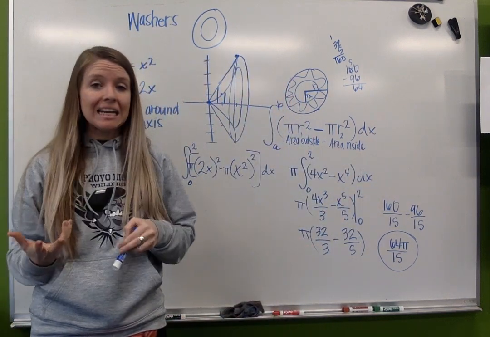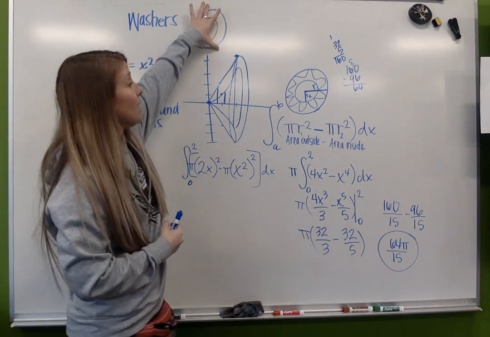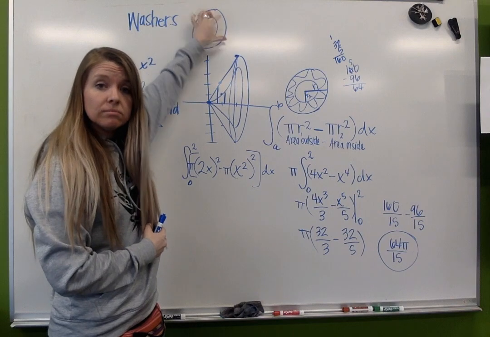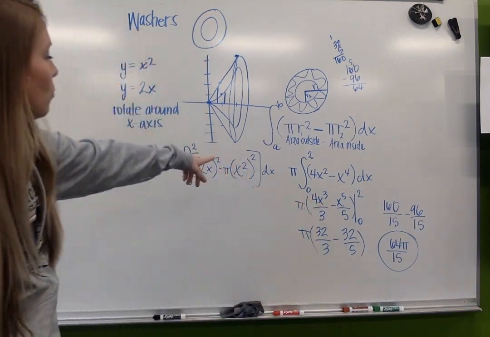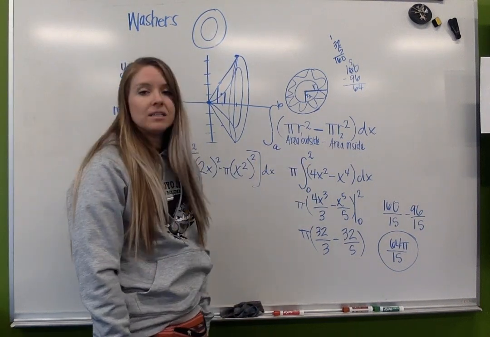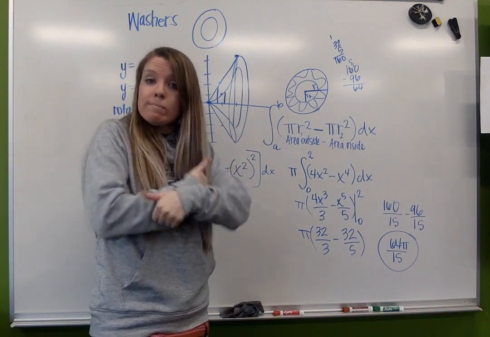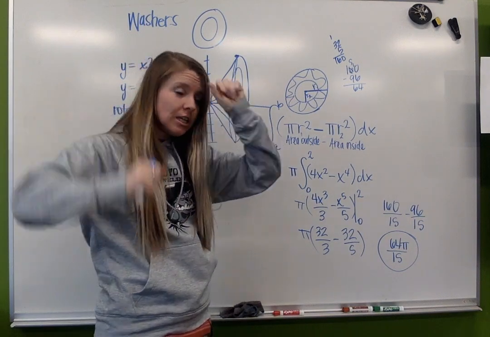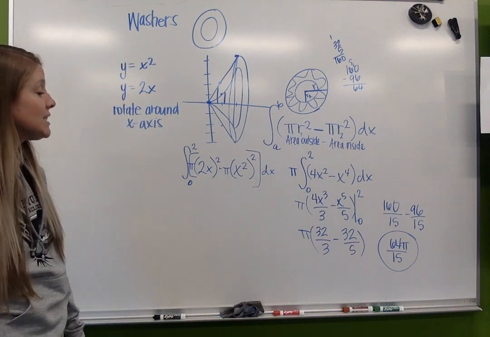So we're just adding a little bit of a step to our disk, finding the area of the outside circle, minusing the area of the inside circle. Once we simplify, we can factor out pi, anti-derive, and evaluate. Yes? No? Not at all? Okay, well, hopefully this example will assist.